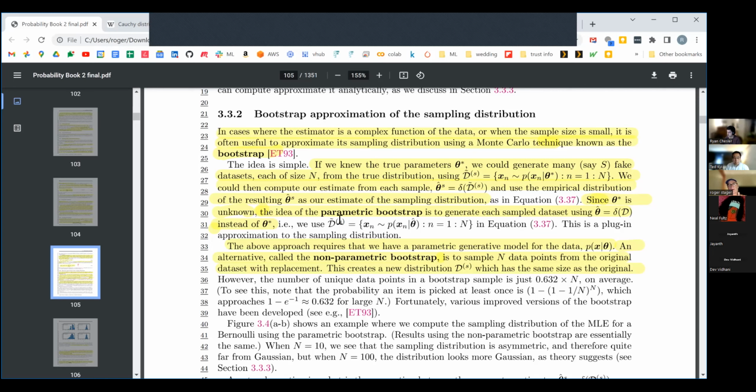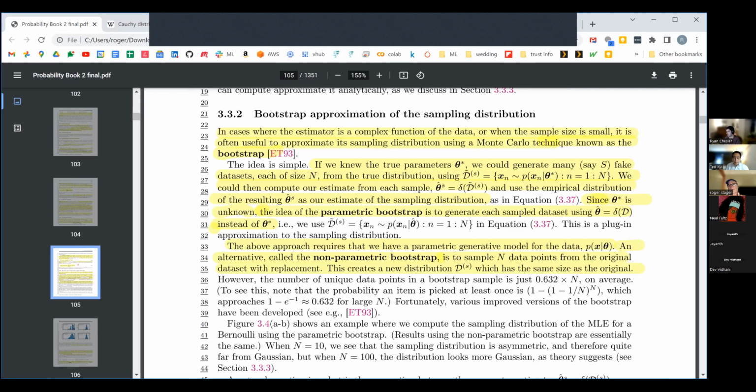And ultimately, if I got this right, in the first, the parametric bootstrap, basically you need to be able to generate the distribution. Like, what are we likely to get if I flip a fair coin 100 times? Well, actually, I have access to a fair coin, so I can just flip it 100 times, and that's trial number one. I can flip it 100 times again, that's trial number two, and I can do it as many times as I want because I have the ability to generate those.